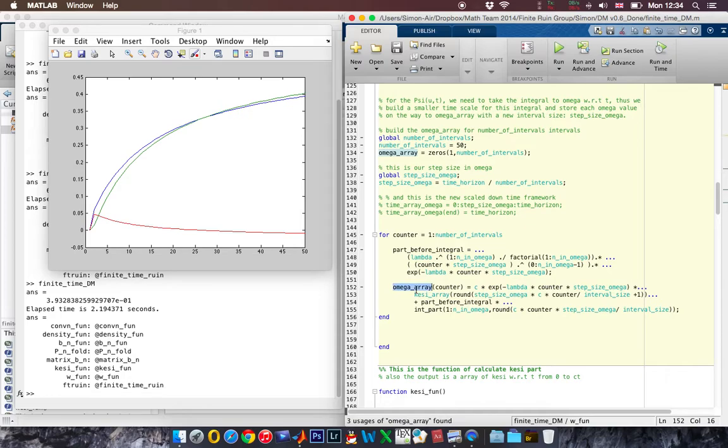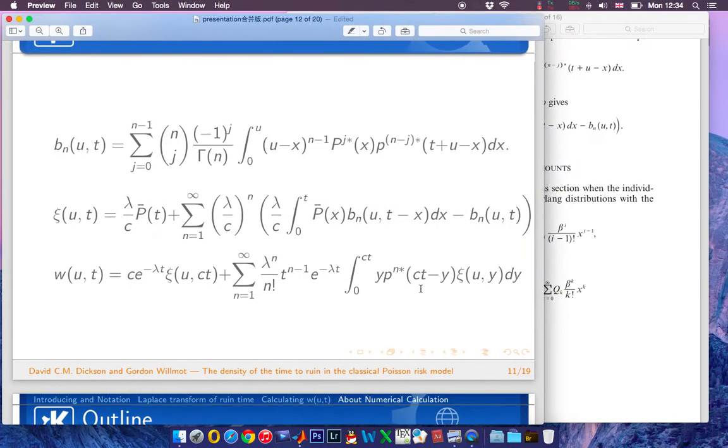As you might already have guessed, instead of calculating the single value of omega each time, I put it in an array, because the last step we need to do is to take the integral of this omega and find the finite ruin probabilities. Nobody wants to do the calculation again and again within the integral.